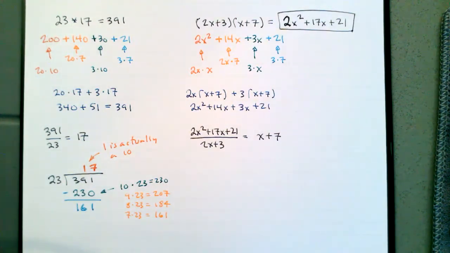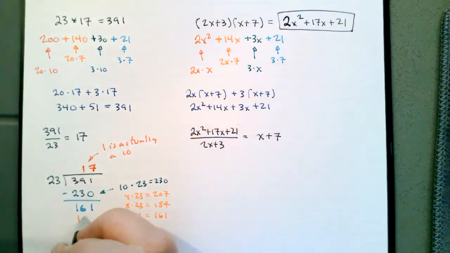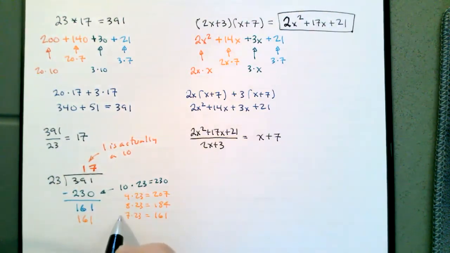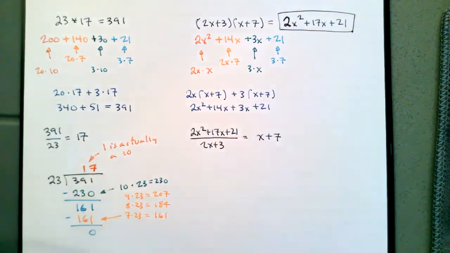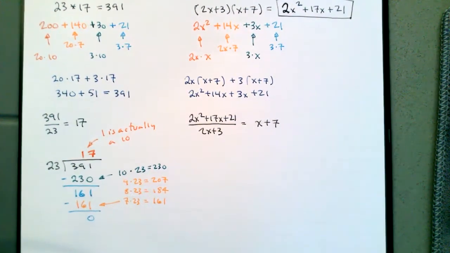So let's take 7 more 23s. 7 times 23 is 161. And we subtract and come up with 0 remainder. So we get 17 and 0 23s.